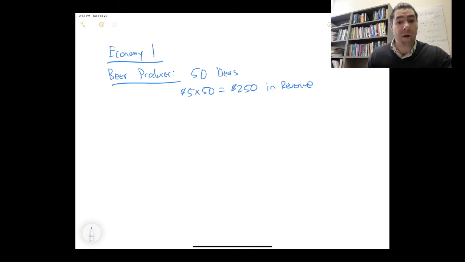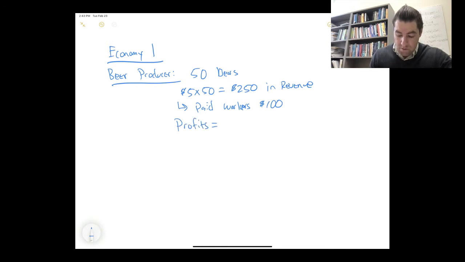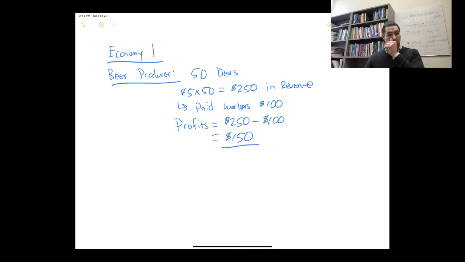So the beer producer made a total of $250 in revenue. They paid the workers $100. So by our definition of profits here, it's going to be my $250 of revenue minus my cost of 100, which is profits of $150 from the beer producer.